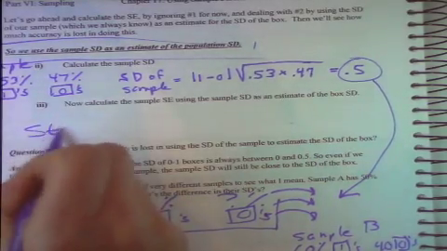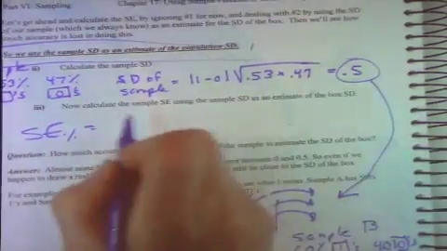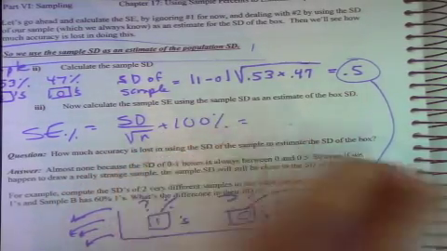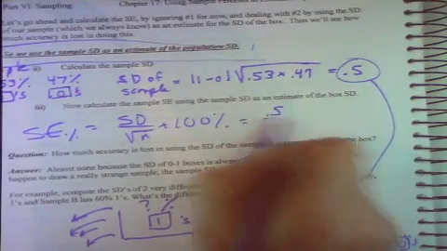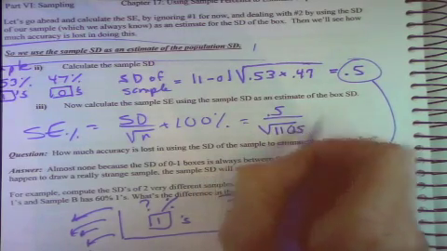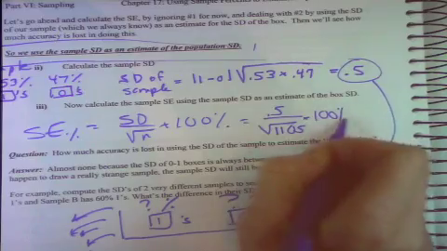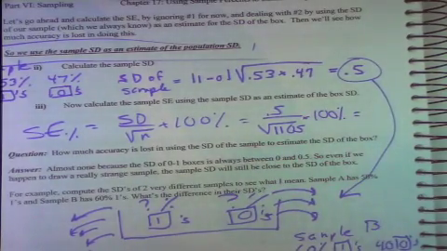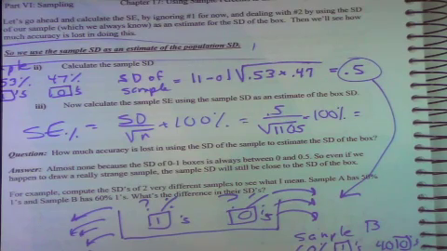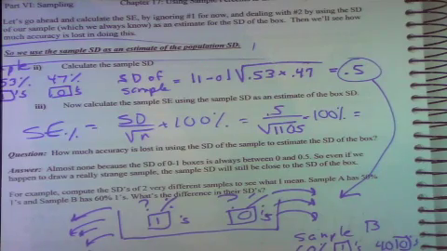So we get the standard error of the percent is equal to SD over the square root of n times 100%, which is 0.5 times the square root of 1105 times 100%, and guess what we get?